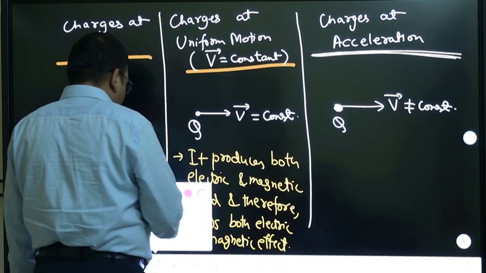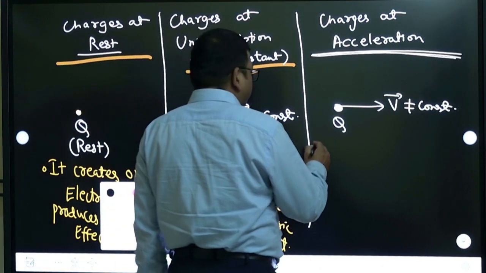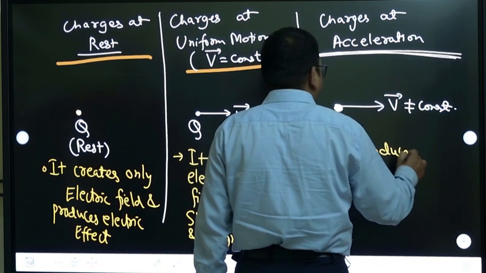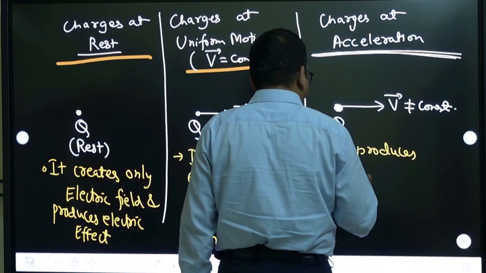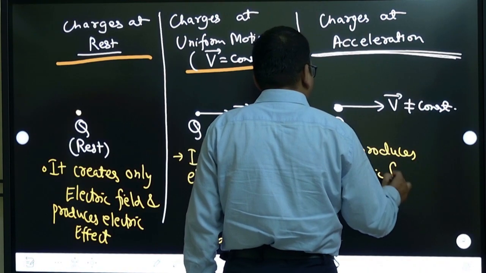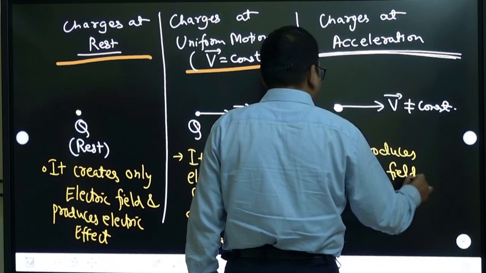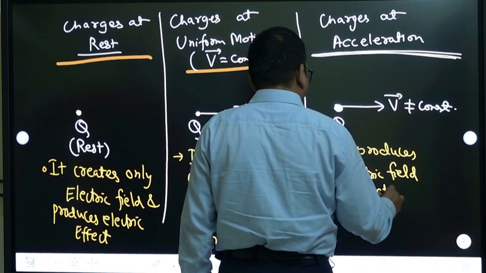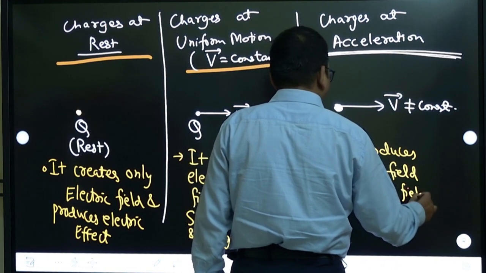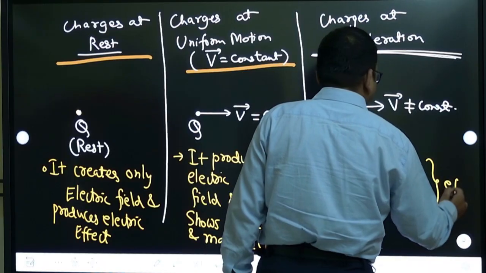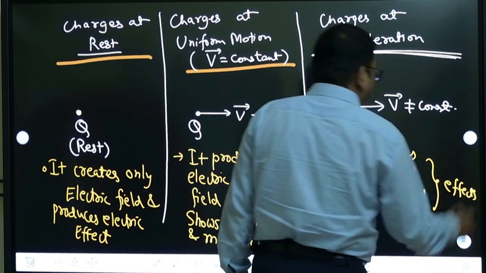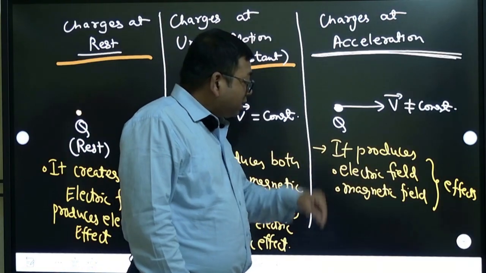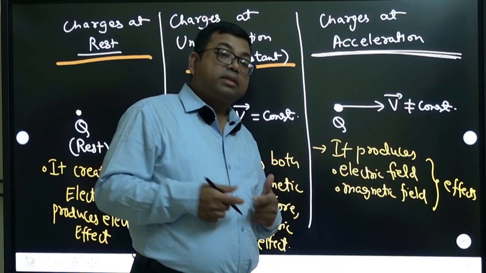In this case also, it produces an electric field and it produces a magnetic field. So their effects will be there, electric effect and magnetic effect. But there is an important extra thing happening here.